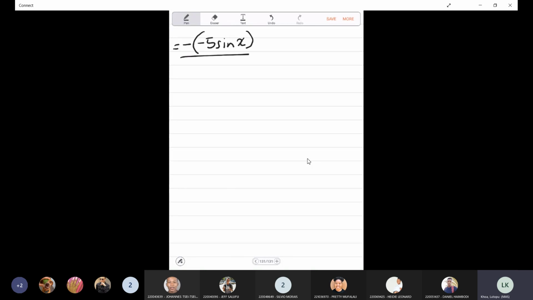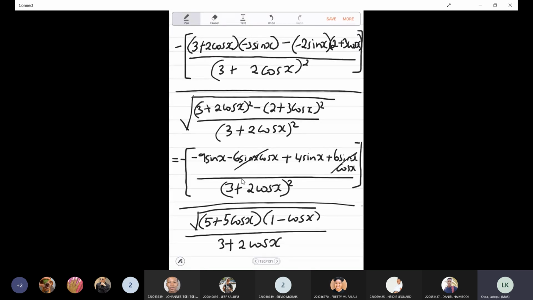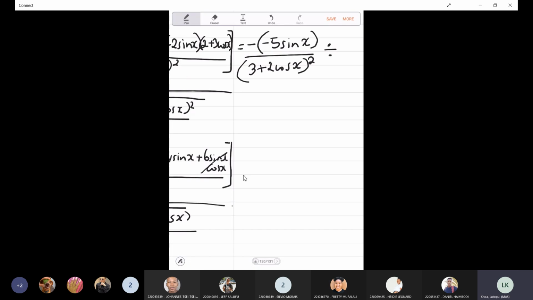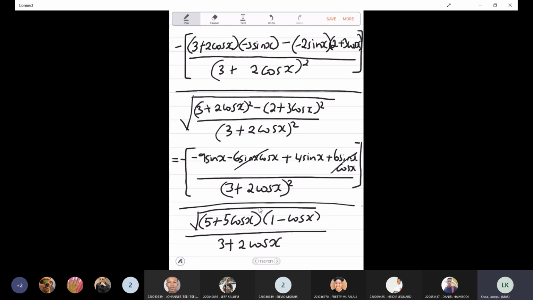And then the denominator of the numerator, we have this 3 plus 2 cos x squared. 3 plus 2 cos x, the whole thing squared. And this is being divided by this one over here.